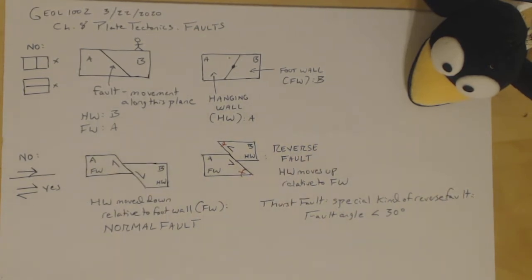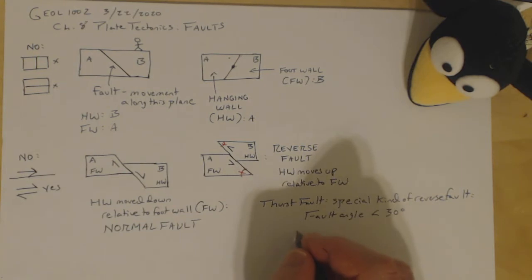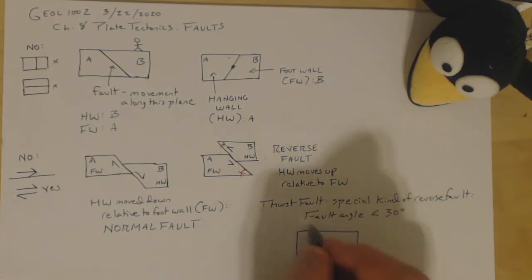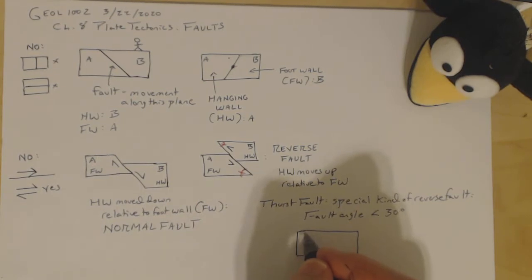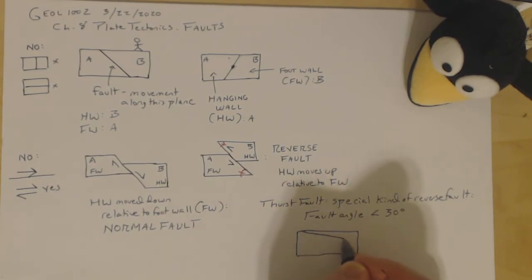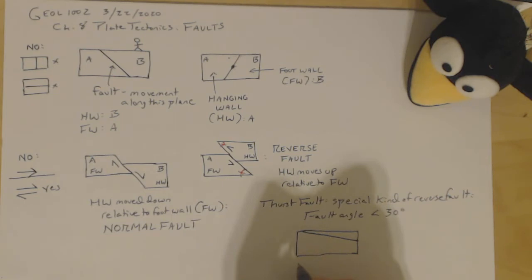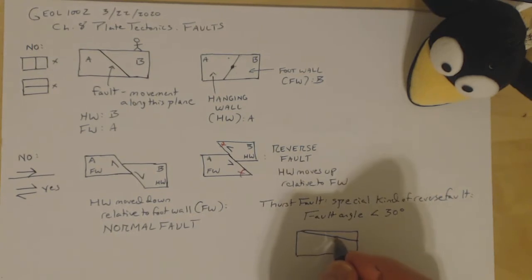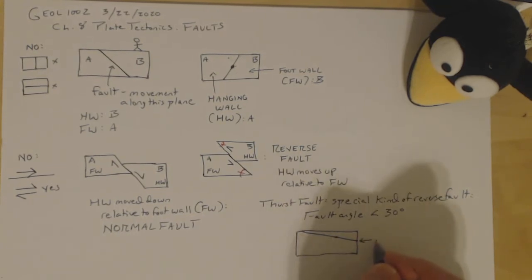So a thrust fault would look something like this. Draw your block. And instead of making sort of a more steep line, you make a very shallow angled fault line, looking something like that, for example. So again, which one is your hanging wall and which one is your footwall? Again, you start, this is the fault line.